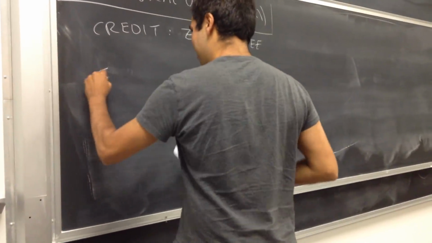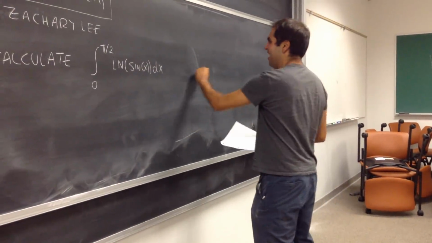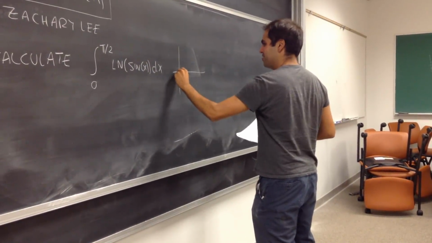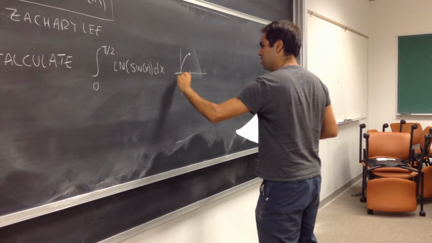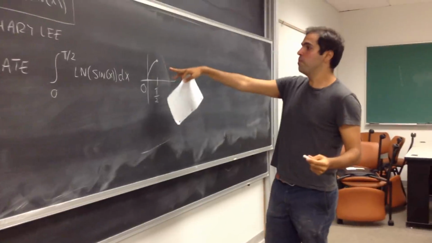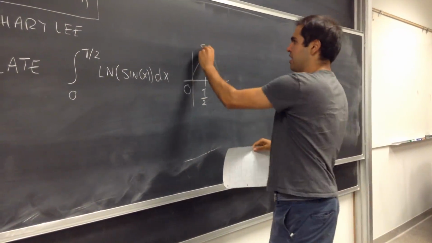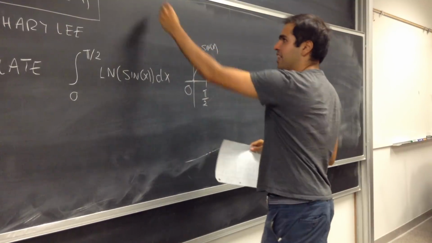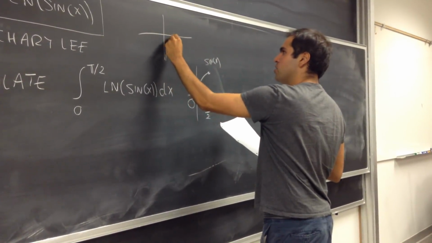So the goal. If you all know sine of x, it looks like this, going from 0 to 1 at pi over 2. So from 0 plus to 1, and therefore ln of sine of x should go from negative infinity to 0.